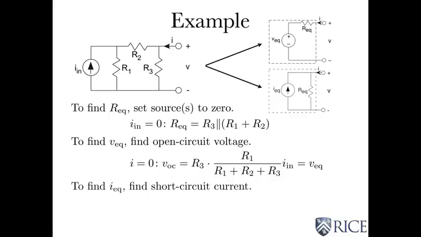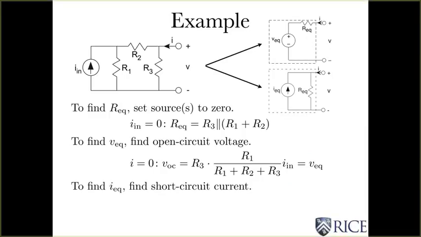And then finally, I'm going to find IEQ, which I'm going to do by finding the short circuit current. I just put a wire across here, and so what that does, by setting this voltage to 0, is short out this, so that resistor isn't there. Doesn't matter if it's there or not. And so, again, I'm going to use current divider because I have a current source here.